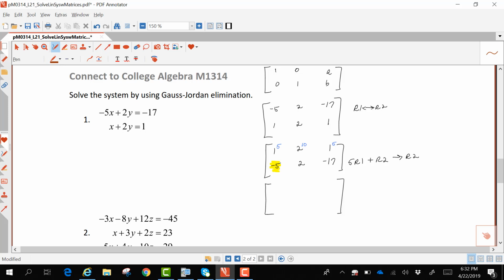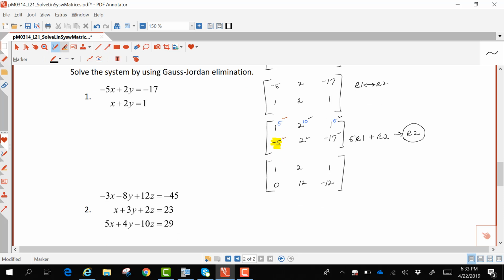I add these blue numbers to row 2 and put the result in row 2. 5 plus -5 is 0, 10 plus 2 is 12, and 5 plus -17 is -12. I do not change my row 1 elements; I'm only changing the row 2 elements.